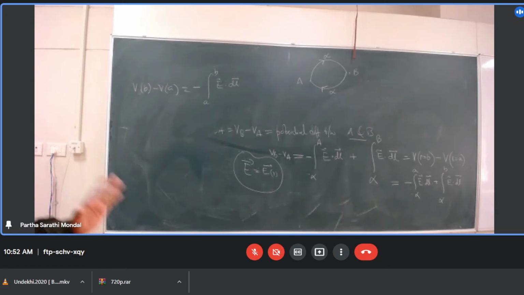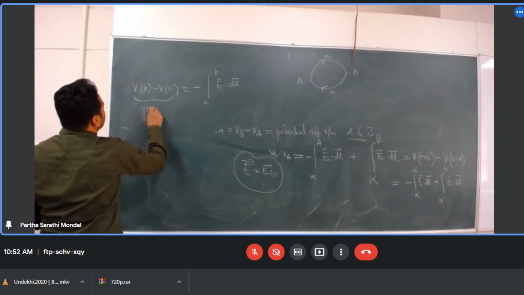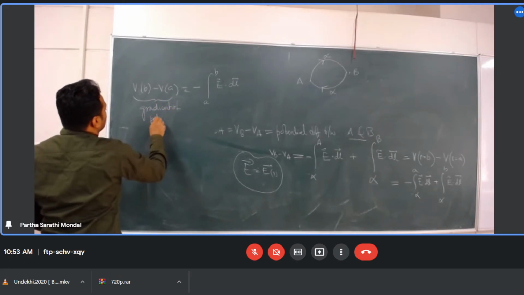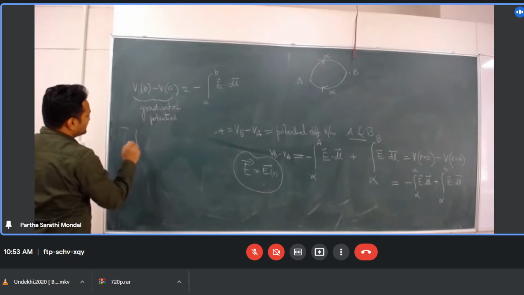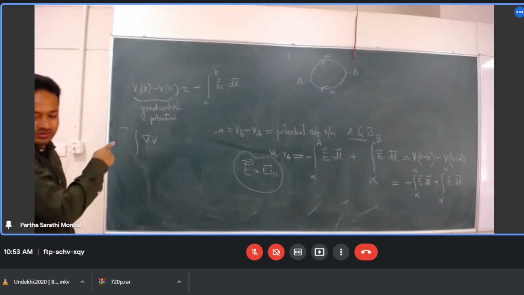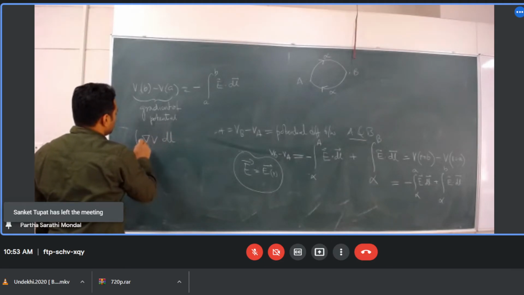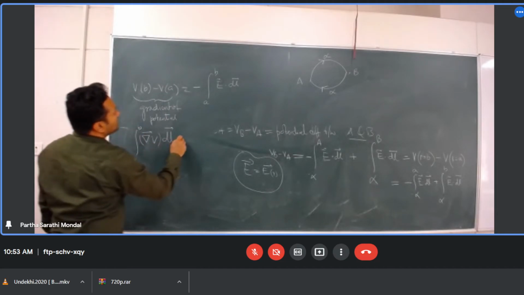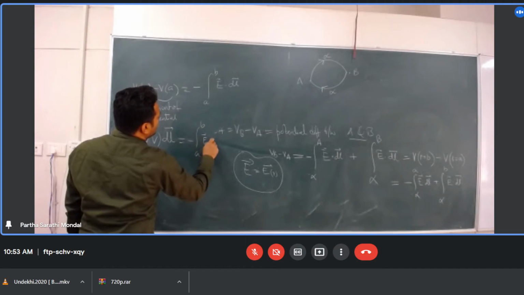This is the definition of the gradient. So you can write this as the gradient of potential V, and if I do the integral of dl from A to B, it equals minus the integral from A to B of E dot dl.